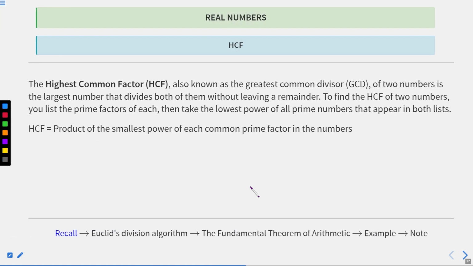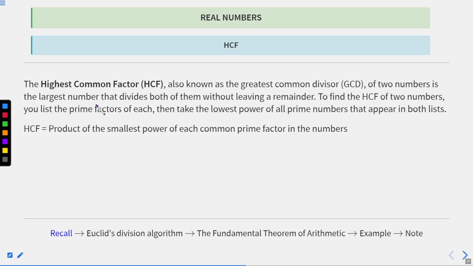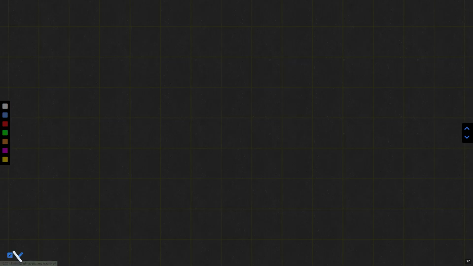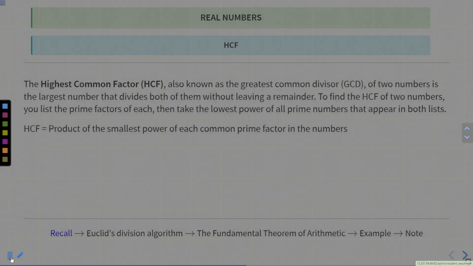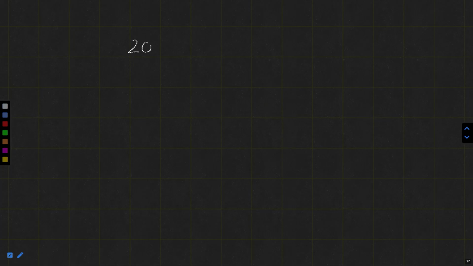Now we'll define highest common factor. First, what is a factor? We already discussed factors. Suppose you have the number 20. The factors of 20 are 2 and 10, and the factors of 10 are 2 and 5.